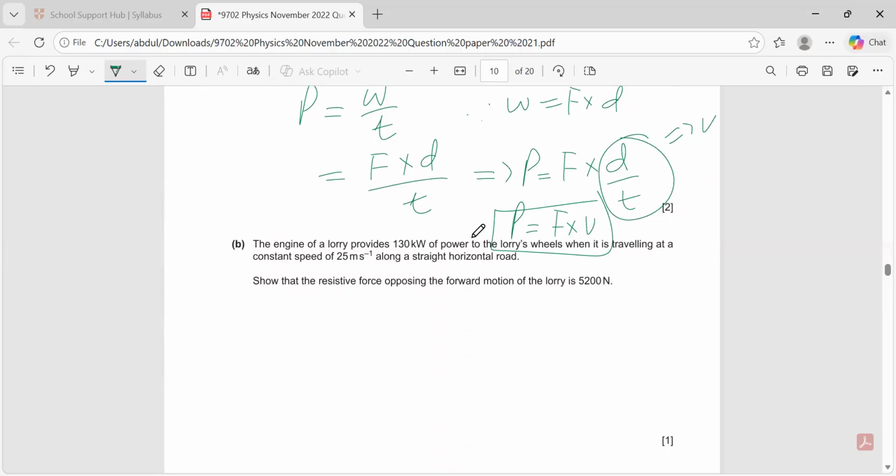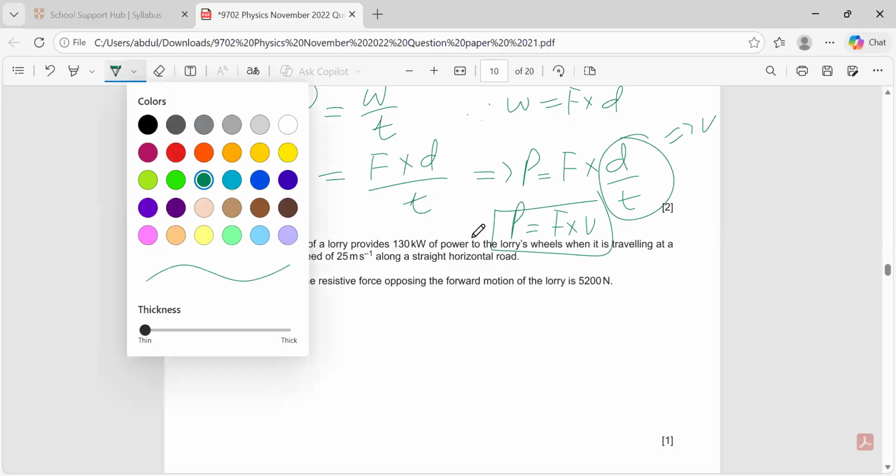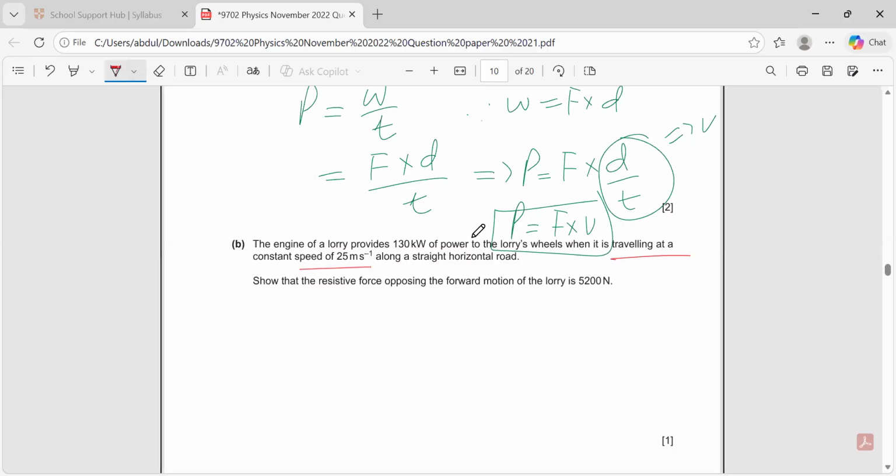The engine of a lorry provides 130 kilowatt of power to the lorry when it is traveling at a constant speed. Okay, speed is given and constant speed. Along the straight horizontal road, show that the resistive force opposing the forward motion of the lorry is this.